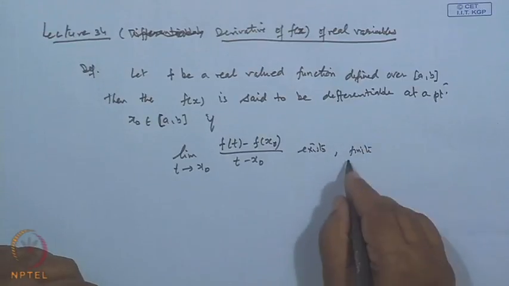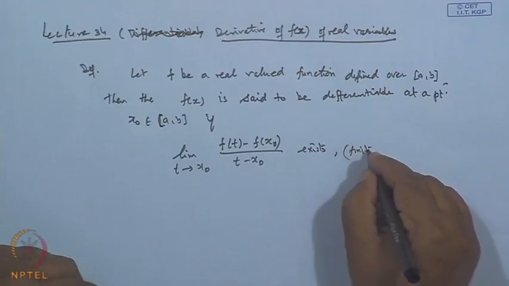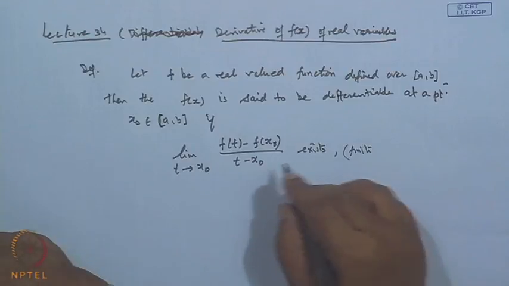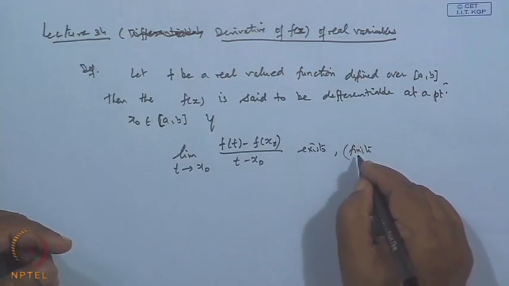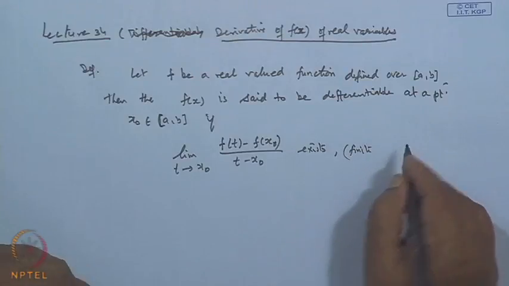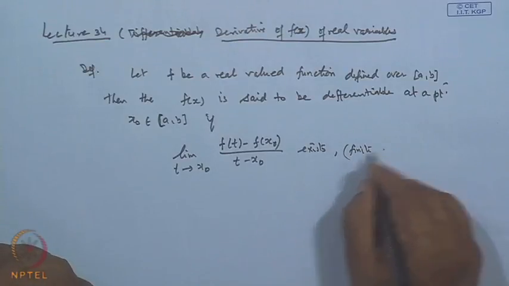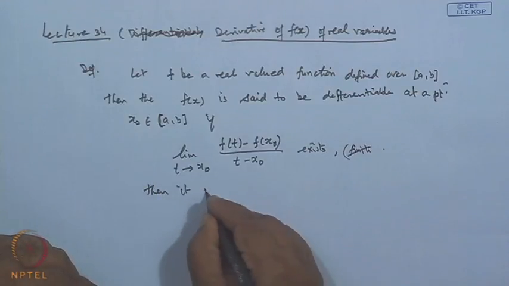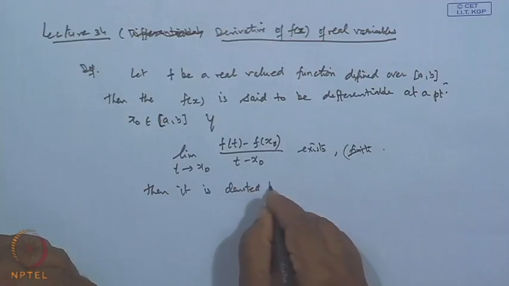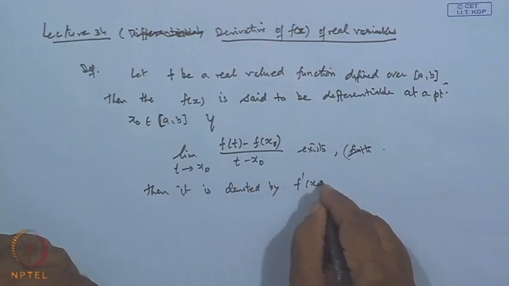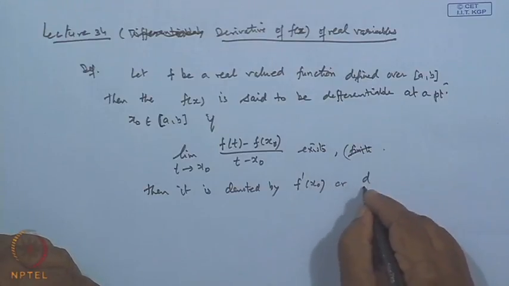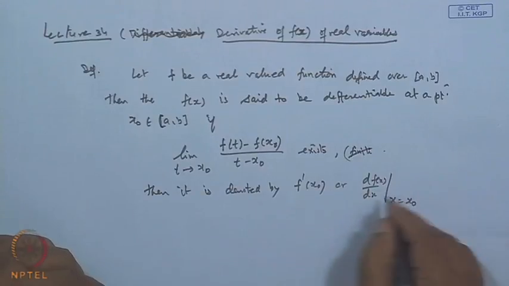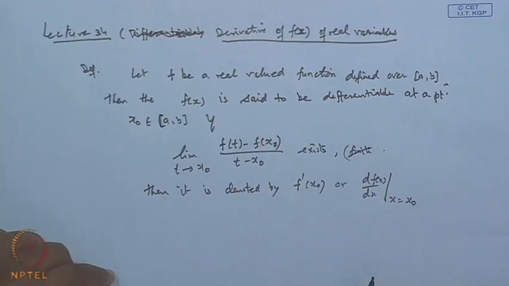In case it is infinite, we can discuss the case of infinity later on. So, let us say it just exists, then it is denoted by f prime(x naught), or we also say d over dx f(x) at the point x equal to x naught. That is also a notation used for the derivative at this point.